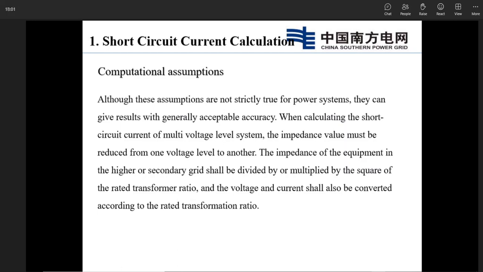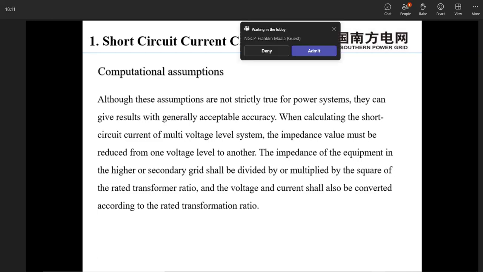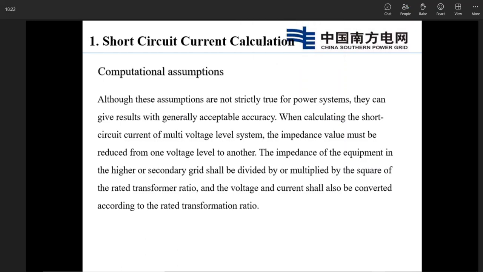The impedance of the equipment in the higher or secondary grade shall be divided or multiplied by the square of the rated transformer ratio, and the voltage and the current shall be converted according to the rated transformer ratio.